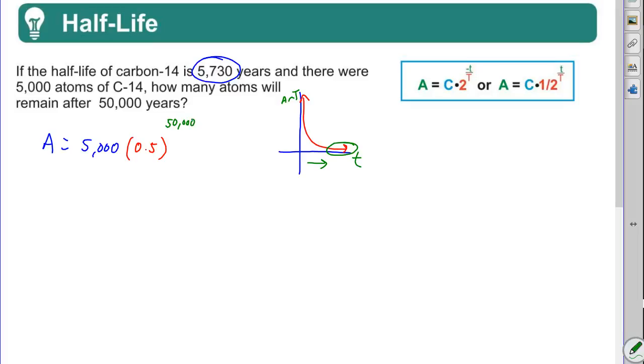And what is our half-life? 5,730. So just a reminder what half-life is. That means every 5,730 years, half of the substance remains. So we're going to try to figure out how much is left after 50,000 years. All right? How much is left after 50,000 years?